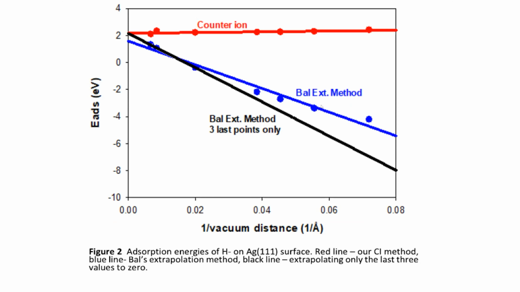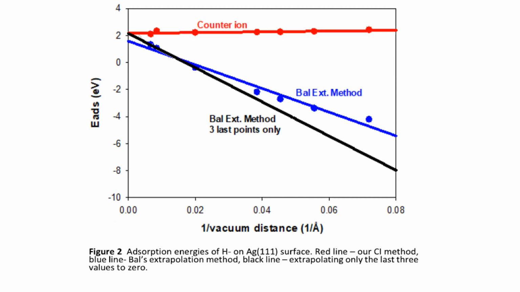We also tried the extrapolation method. So here the red points and the line are our result with the counter-ion method. We see that the adsorption energy is constant. In this case, we adsorbed H- on a silver surface. And the blue points are what we get without correction. We extrapolate the line that is passing between these points to 0.